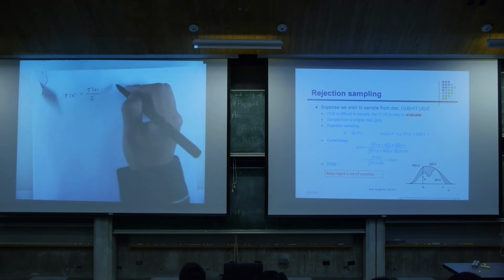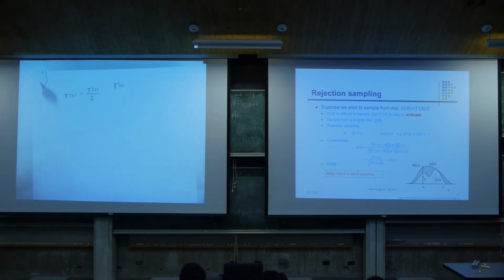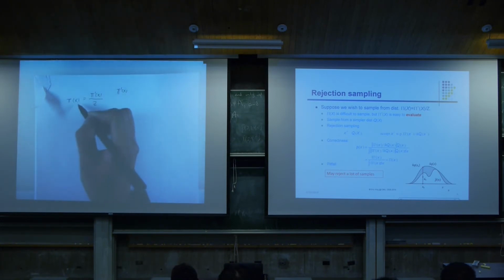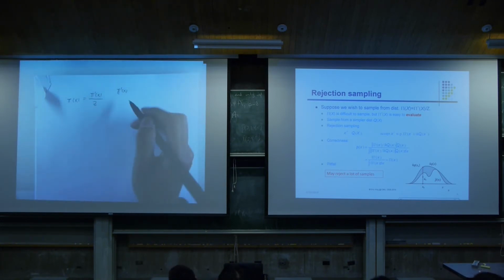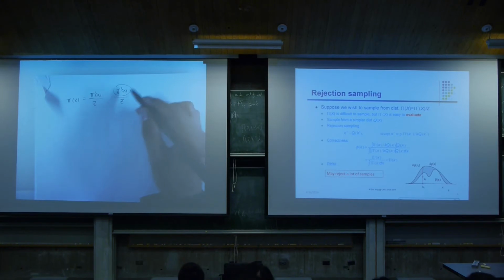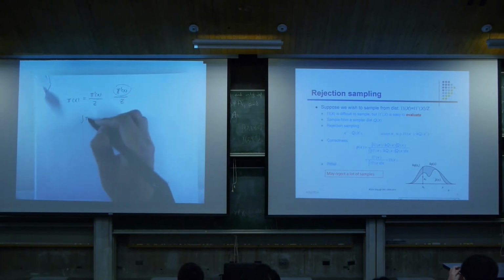The pi prime(x) is very easy to compute because it is a potential function you defined to characterize the probability of x. However, to make this pi(x) a valid density, you have to divide the potential function by a partition function. This partition function is a normalizer to ensure the integration of pi(x) is 1.